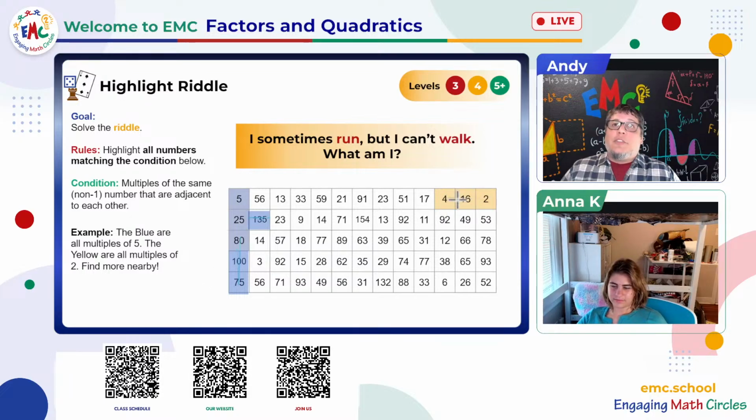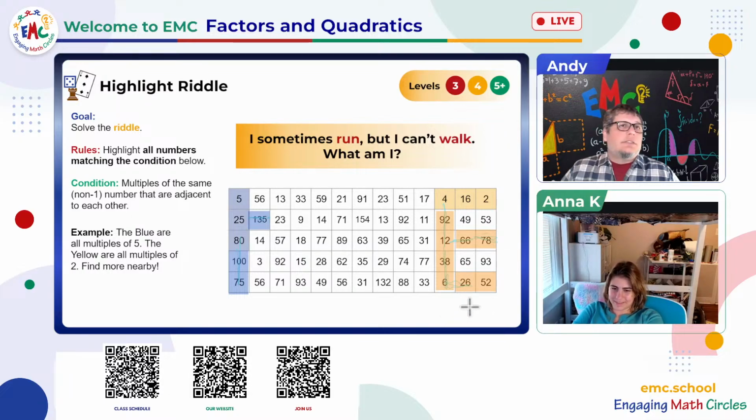Okay. We also have multiples of 2 over here. They seem to be on their own. Do we need to have any more multiples of 2? All the way down and across. Looks like it ends in what letter?